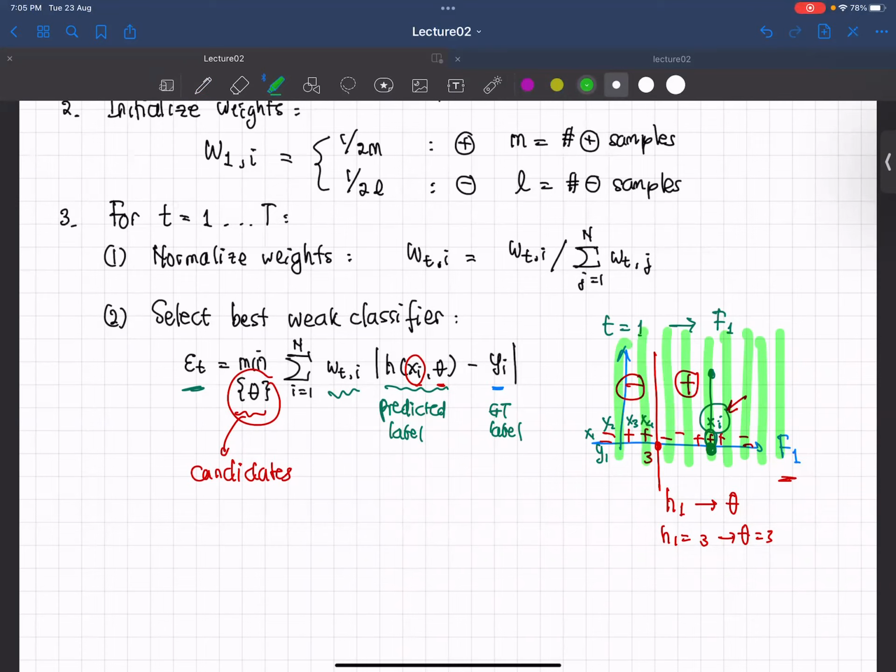And the idea is that we have to choose one candidate that minimizes the error. That minimize the error means that the line has to be as correct as possible. It's not necessarily to be 0, but it has to be minimum. Ideally, we try to get a line where the majority of the samples on the left will be negative and the majority of the samples on the right will be positive. That will be ideal.